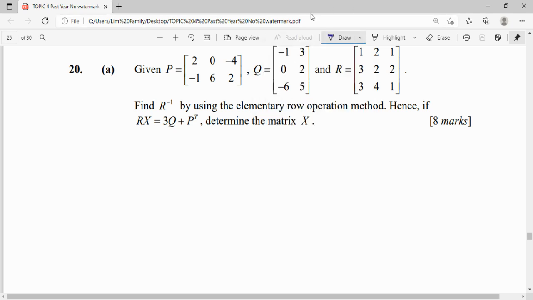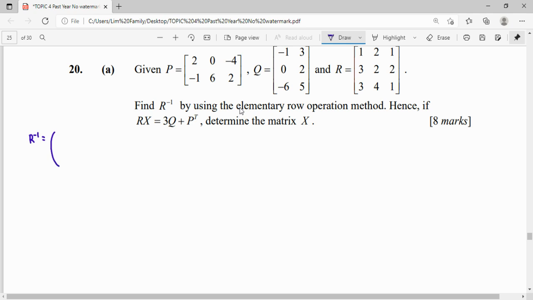In order to find R inverse using elementary row operations, our first step is to write our matrix in augmented form. So R inverse will be found from the augmented matrix.